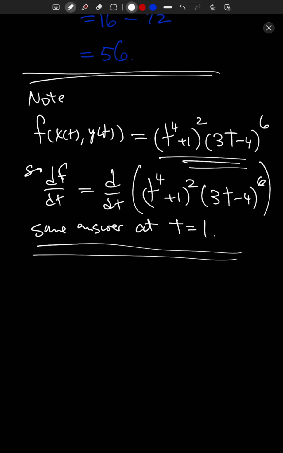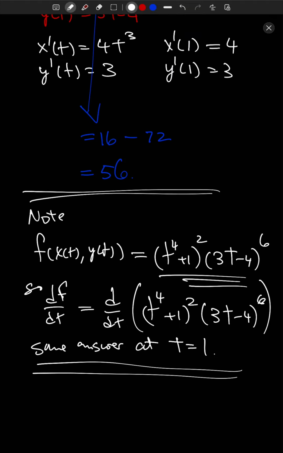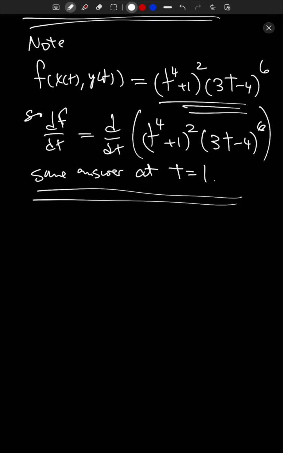Okay, and if you also think about it, when we did the chain rule problem the chain rule way, it's actually literally the same kind of computations. When we differentiate this one variable function in here, for example, when you differentiate this term here, you're going to be differentiating the inside, the t to the 4 plus 1. That's equivalent to finding x prime that we did just now.